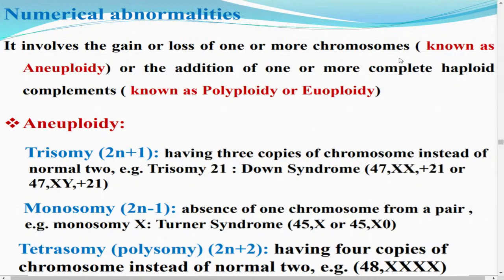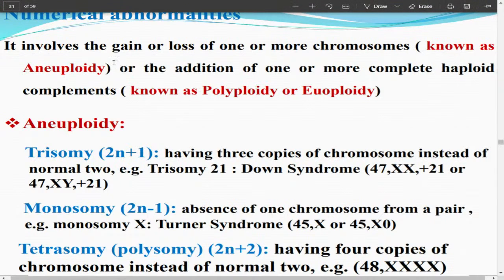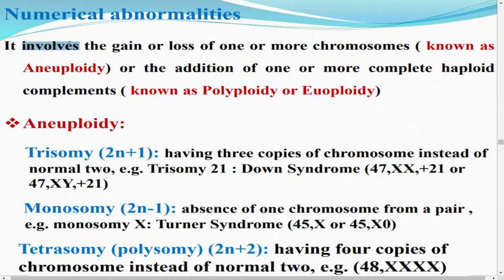Beginning with the numerical abnormality, it involves the gain or loss of one or more chromosomes, known as aneuploidy, or the addition of one or more complete haploid complements, known as polyploidy or euploidy.